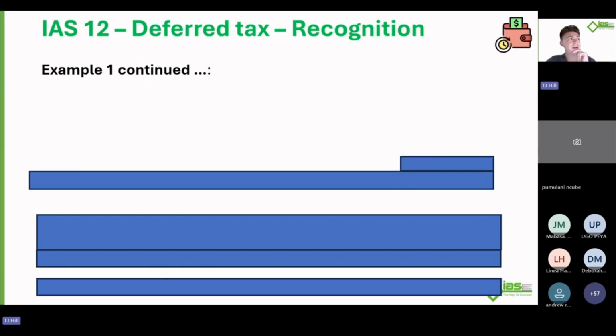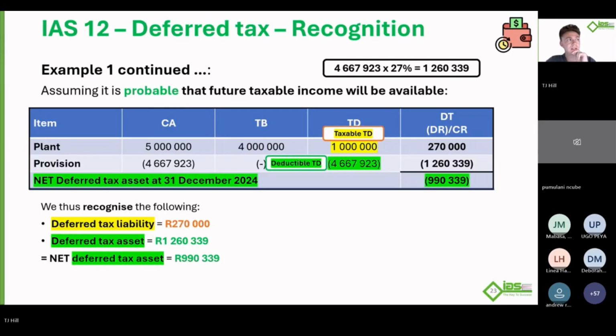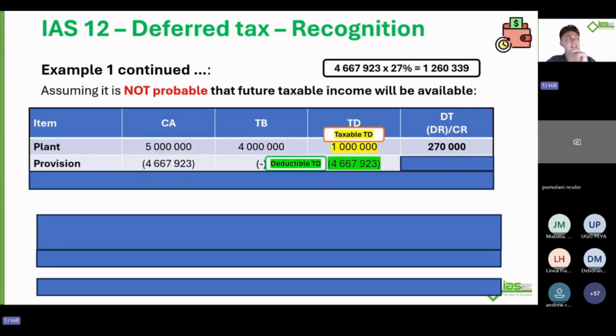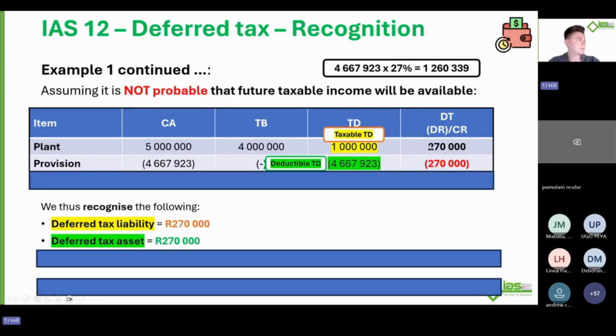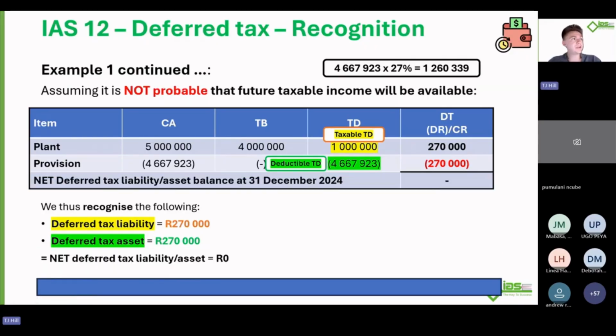So instead of recognizing the 1.26, I can only recognize 270 of that amount. I must limit it to my taxable temporary differences. Do you see? It must equal that amount. Do you see? Which takes me to a net of 0.